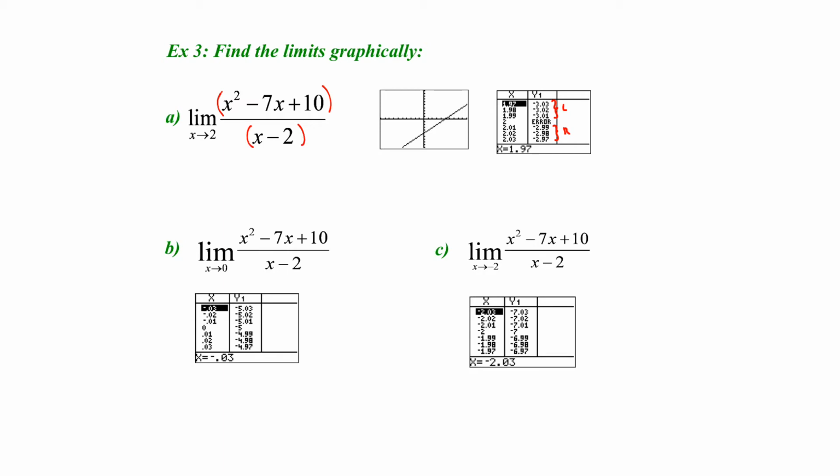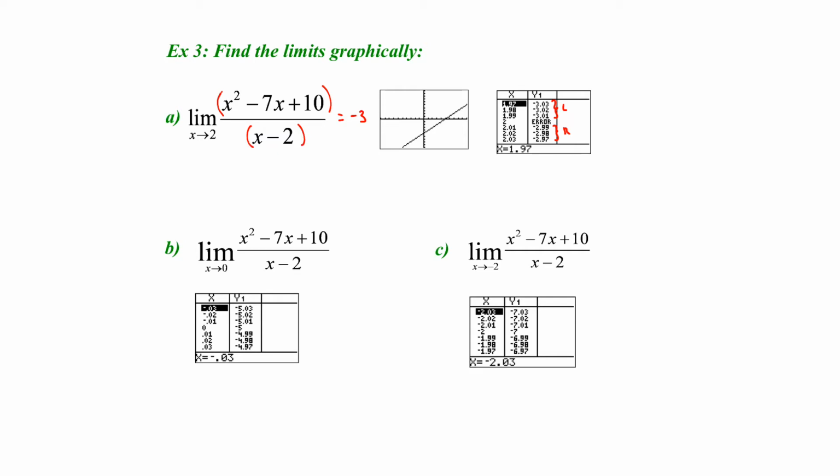As x gets closer and closer to 2 from the left and the right, what is the y value getting closer and closer to? It appears that it's getting closer and closer to negative 3. So you got negative 2.979899, and then negative 3.030201. So it looks like it's approaching negative 3.